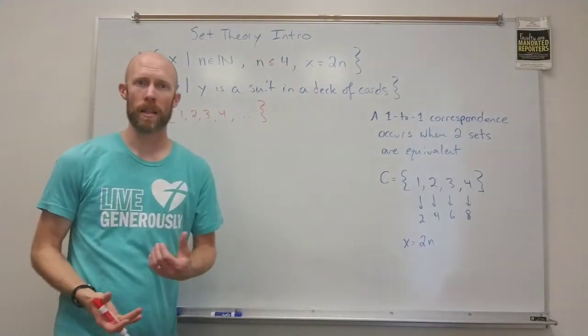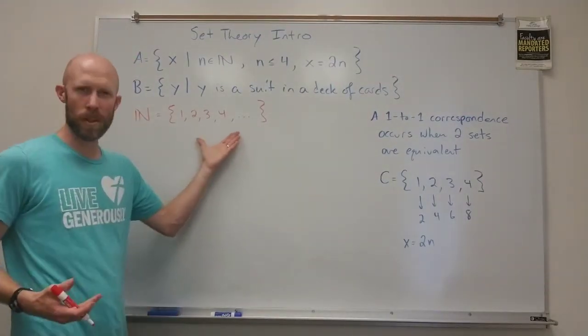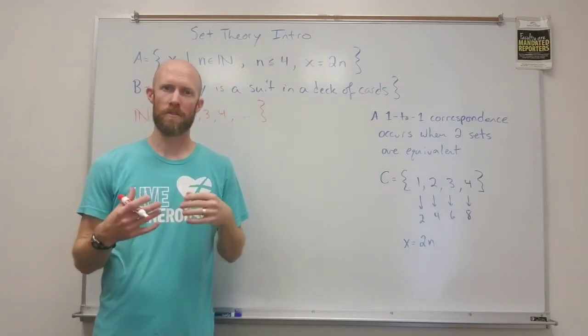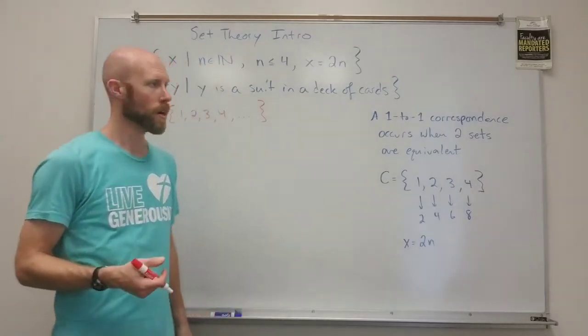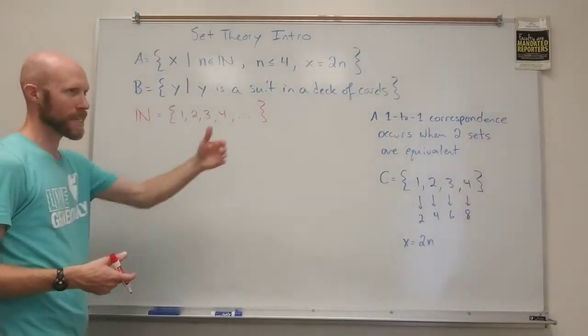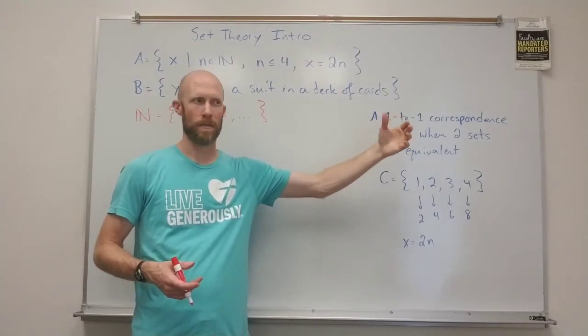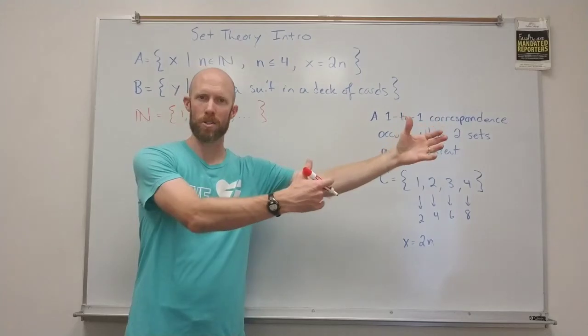Well, the cardinality of the natural numbers, you would think is infinite, right? Or an infinite value, but infinity is not a number. It doesn't really make sense as a number. It's an idea of sort of a never-ending, it's sort of a goal that you want to get to, but you never can.